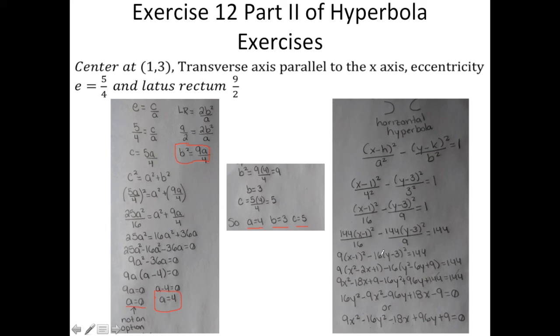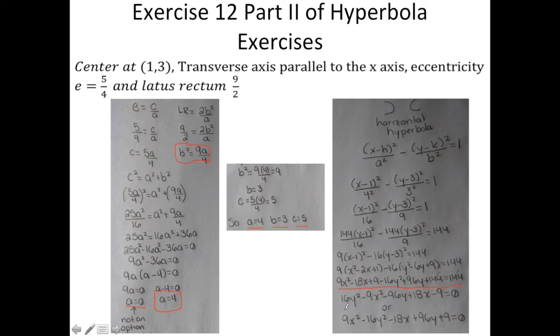Then you need to expand this binomial. So (x minus 1) squared is x squared minus 2x plus 1. (y minus 3) squared is y squared minus 6y plus 9. 9 times all of this parenthesis, and negative 16 times all of this parenthesis gives me all of this. Then I take this 144 subtracting, and they eliminate each other.